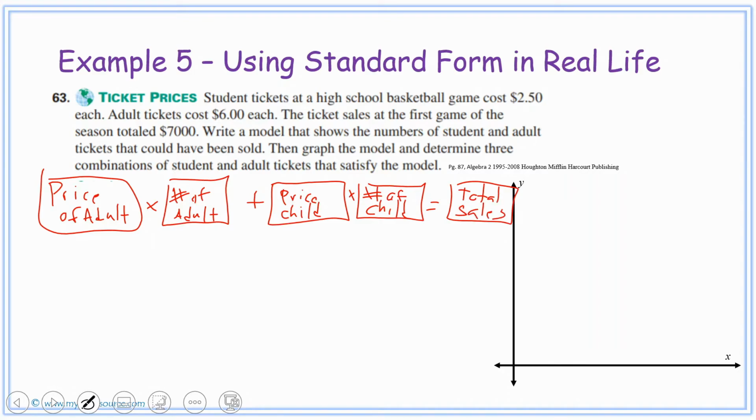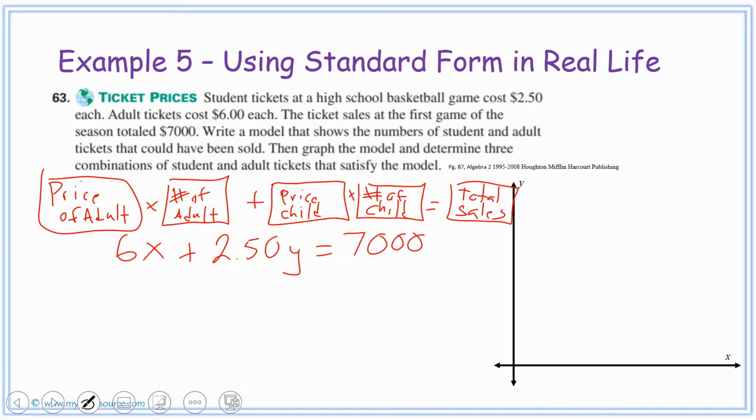Okay, so they want a model that shows the number of tickets that have been sold altogether for that season. So let's get our numbers. The price of the adult ticket is $6, and we can represent that by X. And then the price of the child is $2.50, and we can represent that as Y. Now, if you do mix this one up with your X and Y, you're still going to get the same answers.